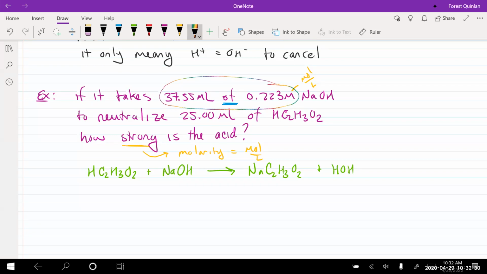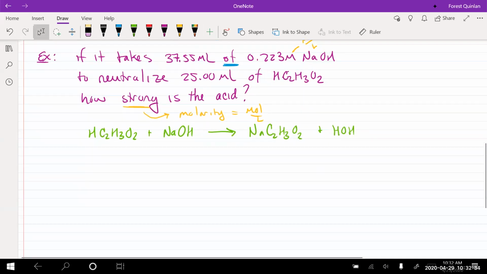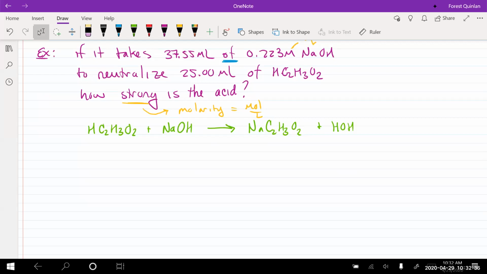They go together. So keeping all that in mind, let's try to do this problem. So we know that we want to go to the moles of acetic acid. Let me write that down. Moles of HC2H3O2 per liter of that acetic acid solution.